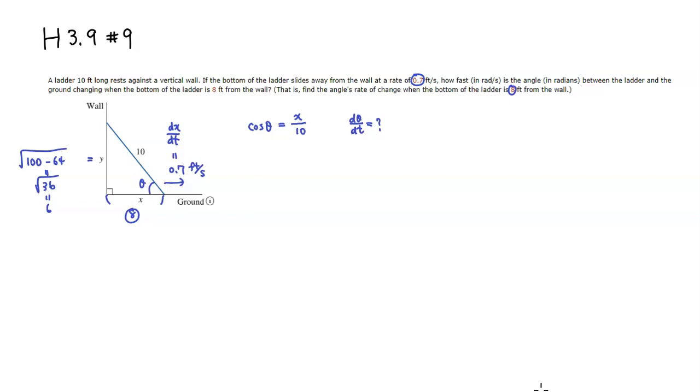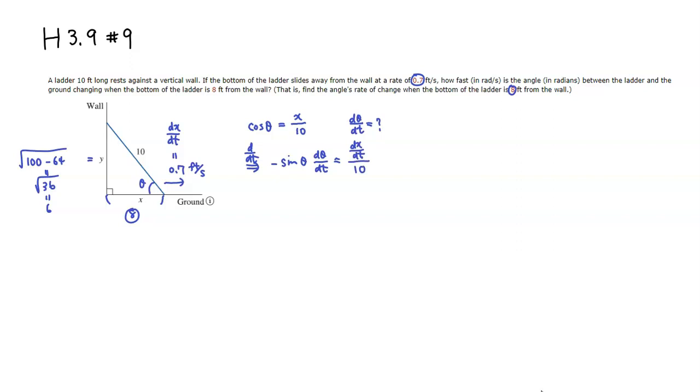So let's do that. Start with the equation, and we need to take the derivative with respect to t. The derivative of cosine of theta with respect to t is negative sine of theta times d theta over dt, which is equal to the derivative of x, dx over dt, divided by 10.